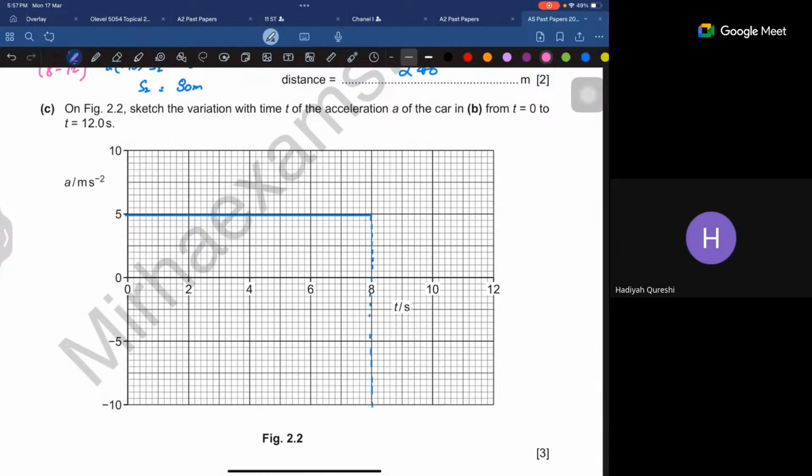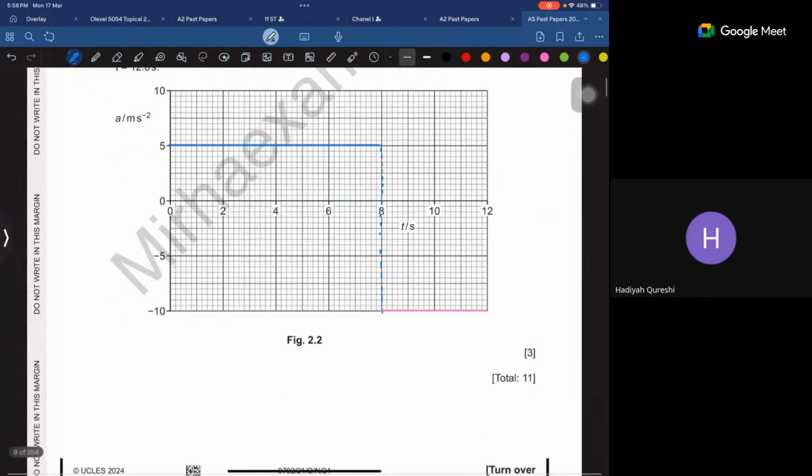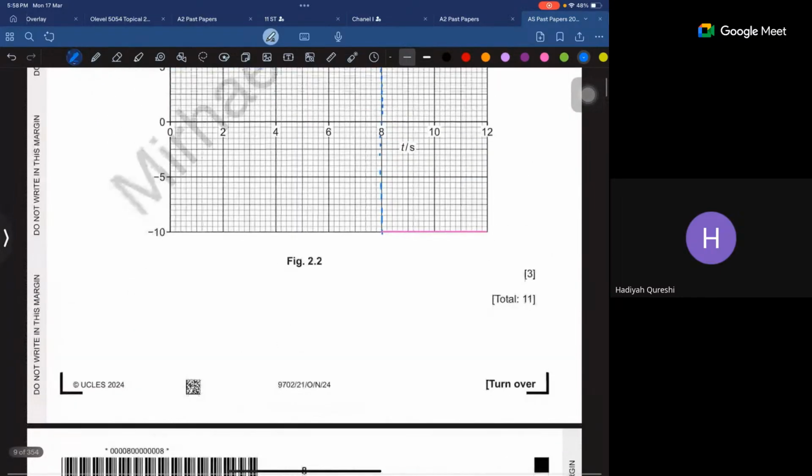And then it became negative for the next 4 seconds. So the answer should be like this. It's pretty simple, very basic. I didn't expect them to give you that basic a graph, but I think this paper is relatively easy. All right, so pretty good. Now let's go to the next. If you have any questions, do let me know.